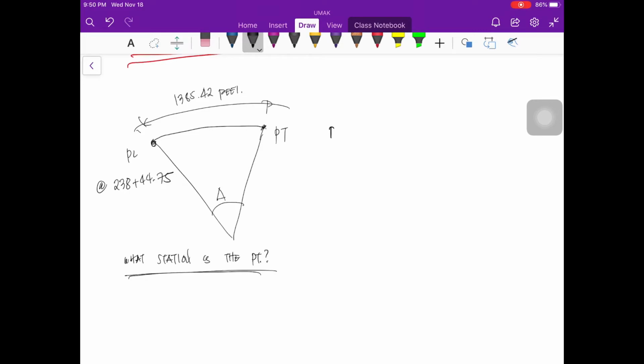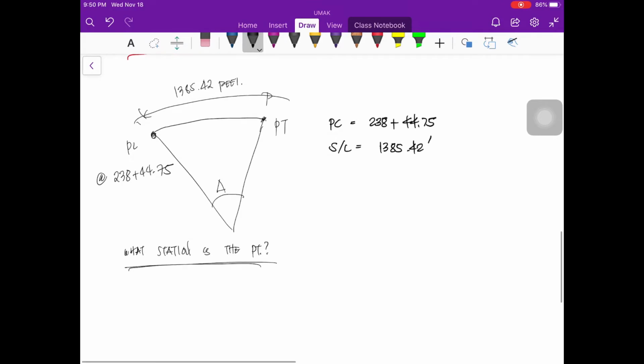Okay, station PC is at 238 plus 44.75, right? So the length of the curve, or L, is equal to 1385.42 feet.